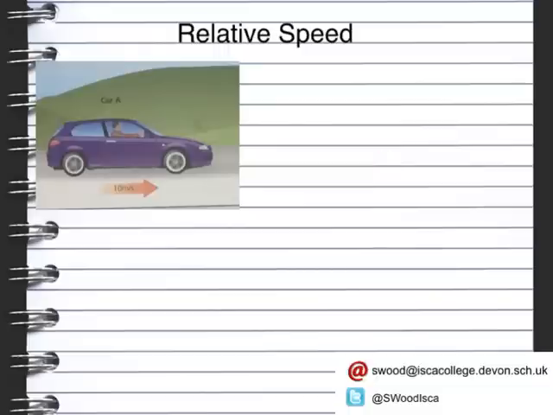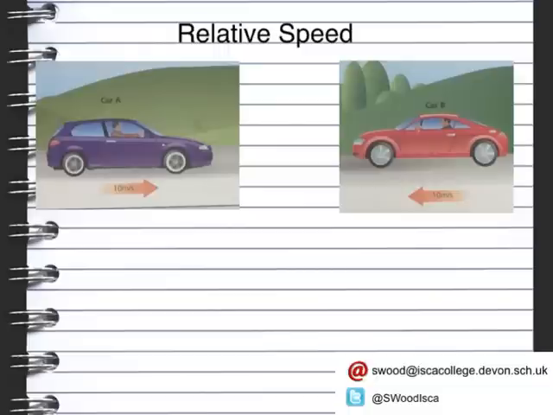Car B is travelling at 10 meters per second as well, so they're both travelling at the same speed, but one is travelling in this direction and one in this direction. This means that their relative speed to each other is 20 meters per second, as one is going in one direction and the other is going in the opposite direction.